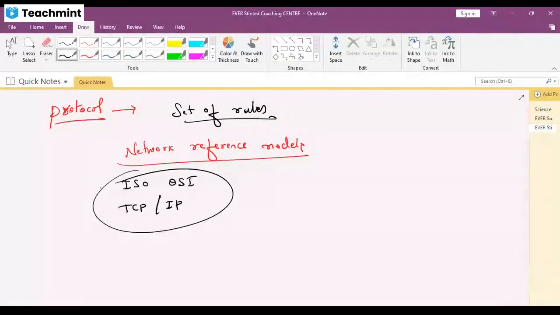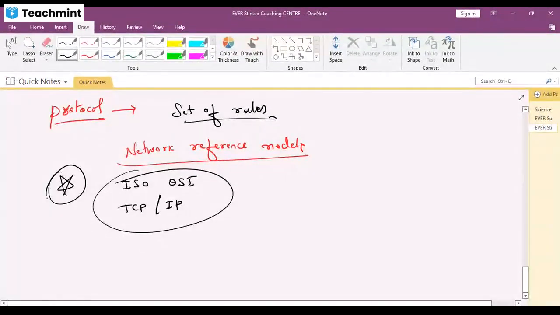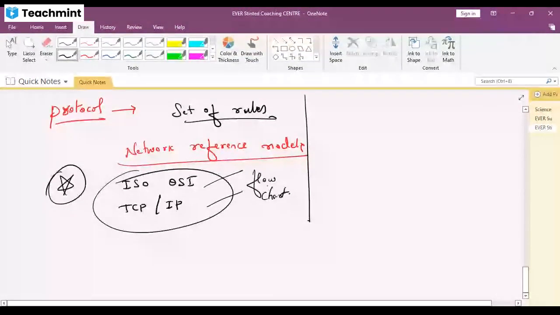It is a very important question, and there is a flow chart for this. You have to study this: explain ISO OSI reference model and explain TCP or IP reference model. You have to explain this model including the flow chart. As much as possible, draw the chart and try to explain them. It will fetch you a good mark.